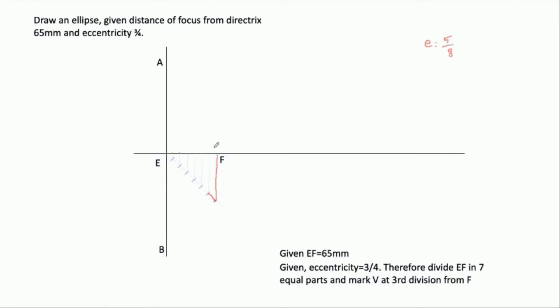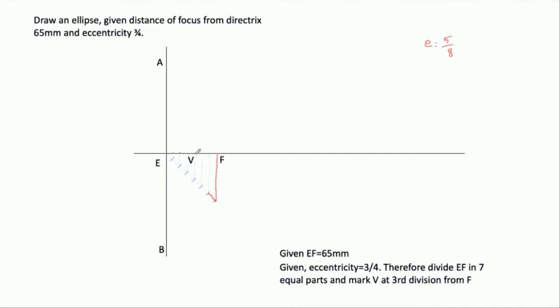Then we will be identifying 7 points exactly on the EF. So as mentioned earlier, 3 parts will be for our case, e is equal to 3 by 4.